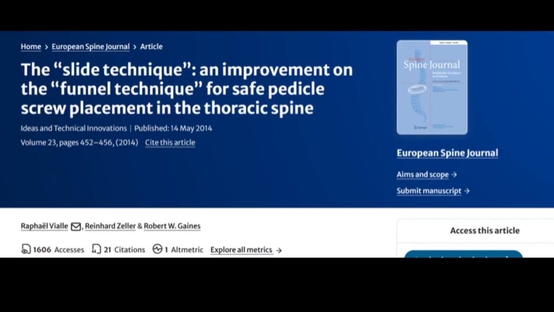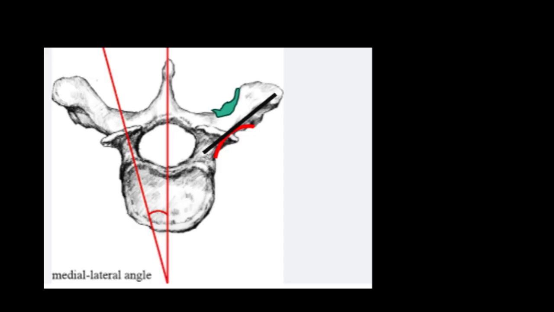Okay, so there is another very interesting paper, the slide technique. This is an improvement on the funnel technique for safe pedicle screw placement without C-arm. This is again a Spine Journal paper. In this, first you check the midline of the superior articular facet and stay lateral to it.